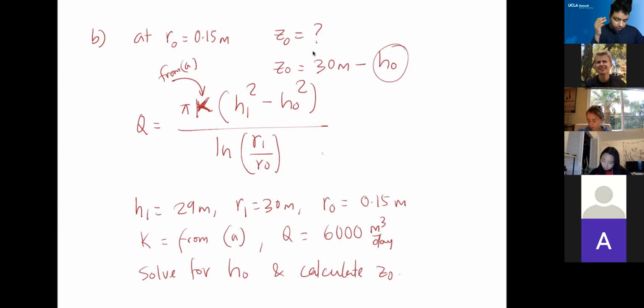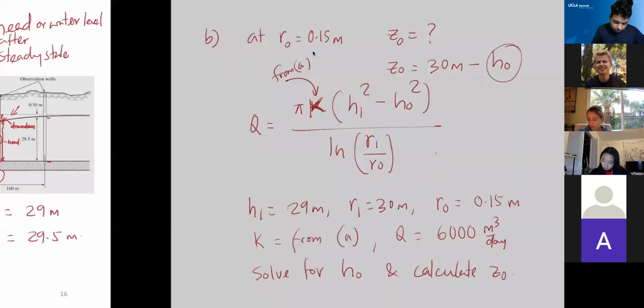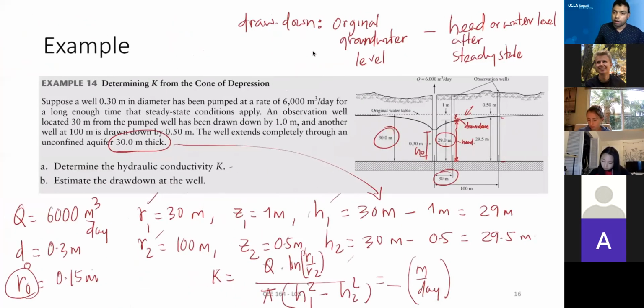So the key concept that you want to learn here is that as the flow rate increases, the drawdown or the head will drop much faster. Okay, and your radius of influence or where you can collect water, or capture zone, would increase.